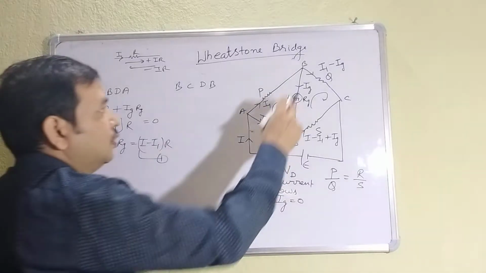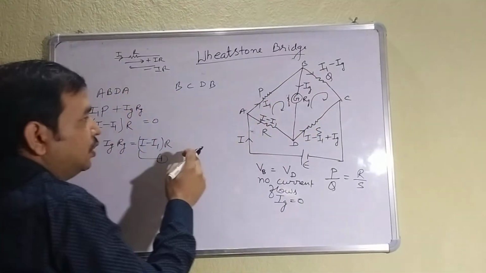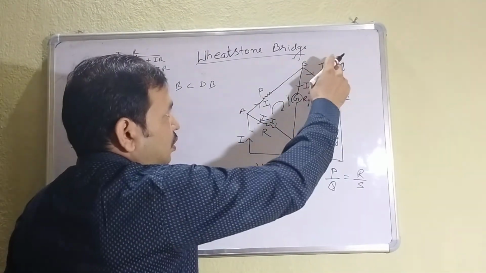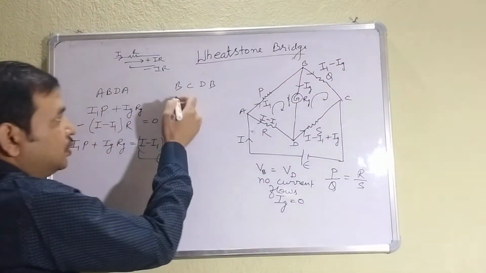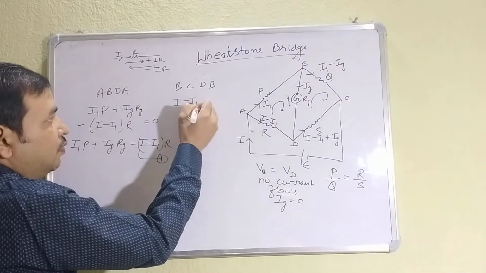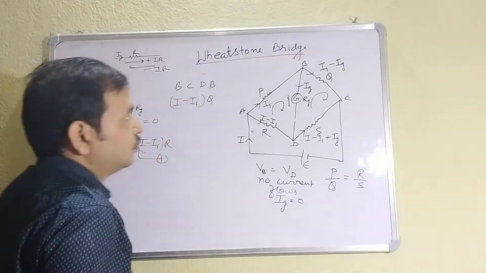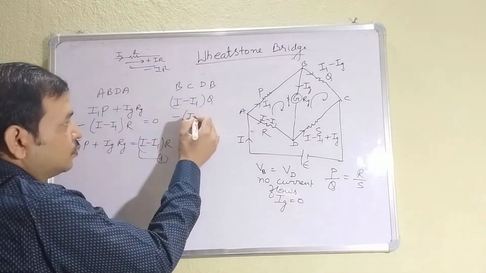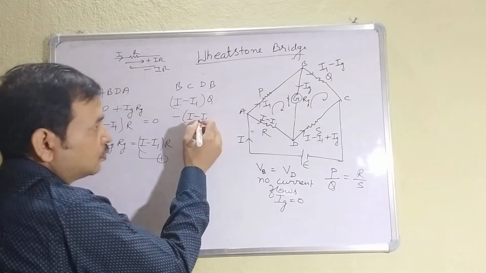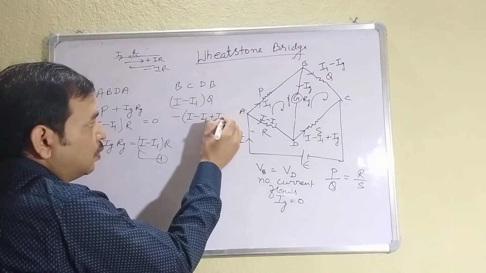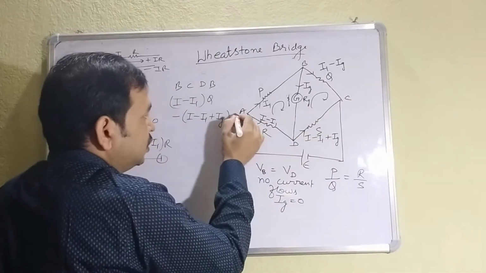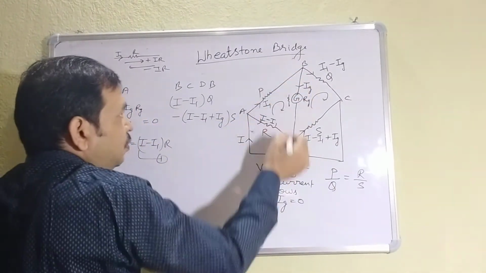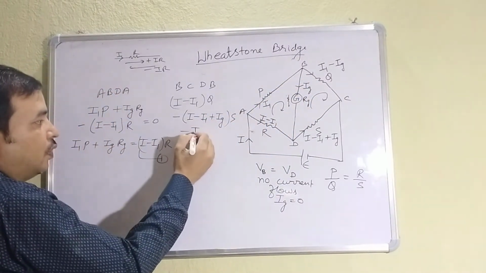Now in BCDB, again from B to C we are going in the direction of current, so the product will be positive: (I1 minus Ig) into Q. From C to D, negative, the product of current and the resistor, which is S. And the third one is from D to B, we are going opposite to the current, so negative.